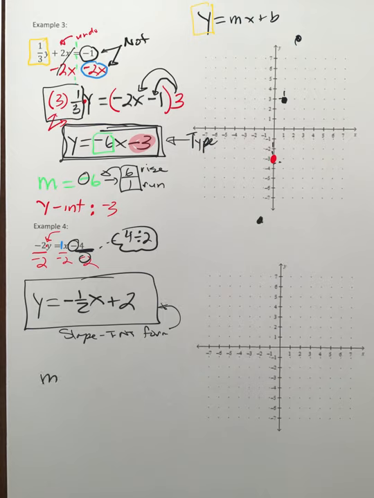Now we're going to use the slope, which is -1/2, and the y-intercept, which is +2. So we've asked you to put for the y-intercept a dot that is red.